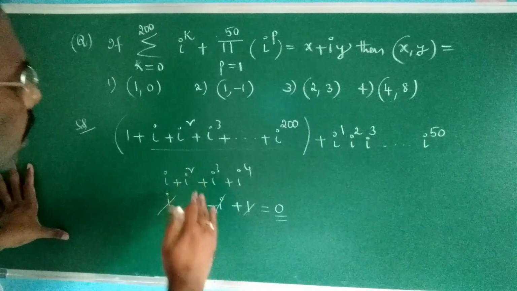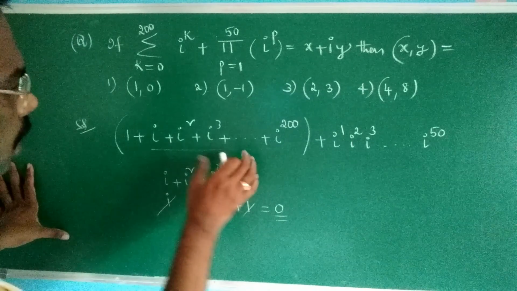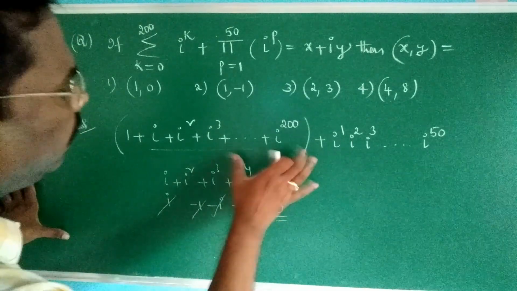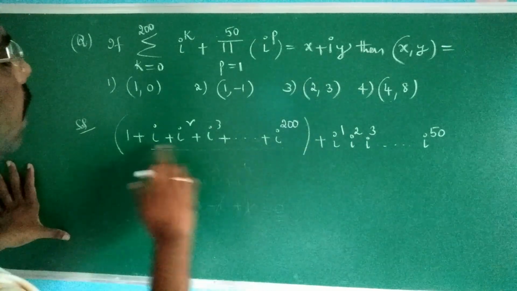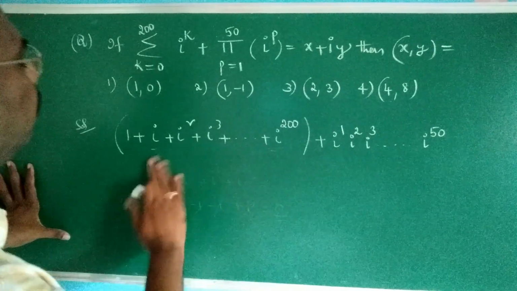The sum of four consecutive powers is always 0, so all the groups are 0. Therefore, the sum 1 plus i plus i square plus i cube up to i power 200 is 0.